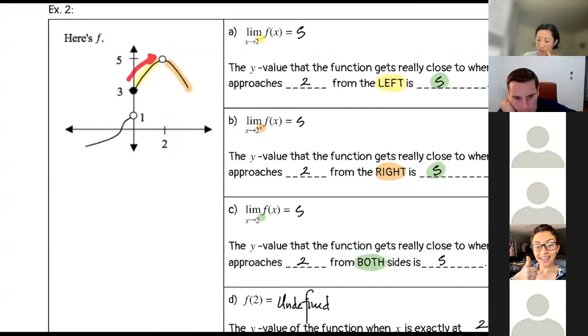We know from the picture we get to 5 on both sides. This is a case where we probably needed to do some factoring to figure out what y value should be there, like if we were to fill that hole. So here's how we use factoring to get that actual number.